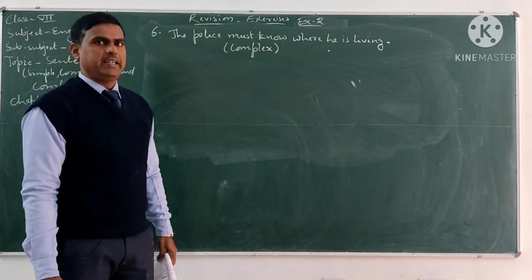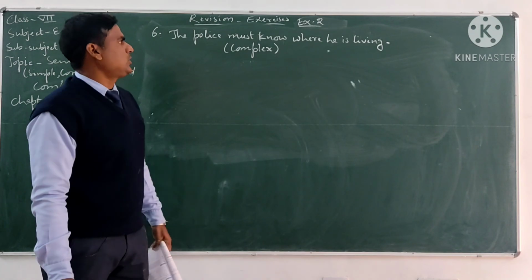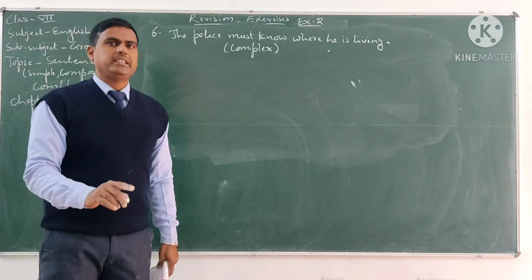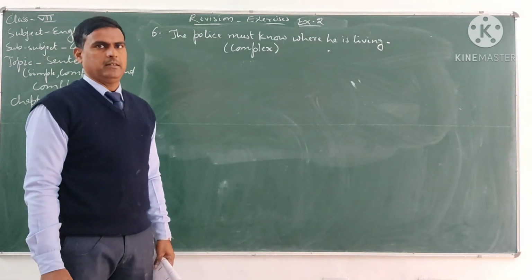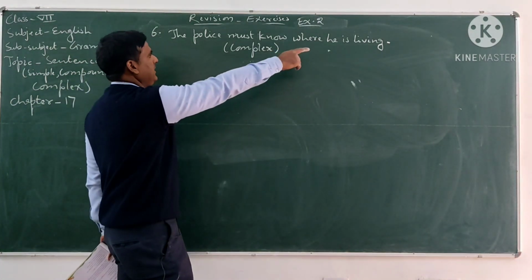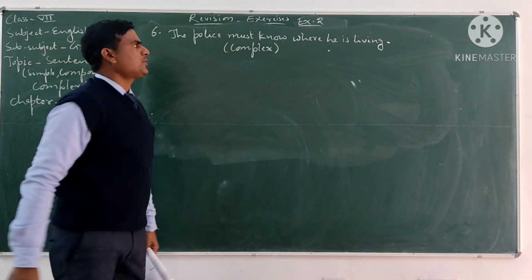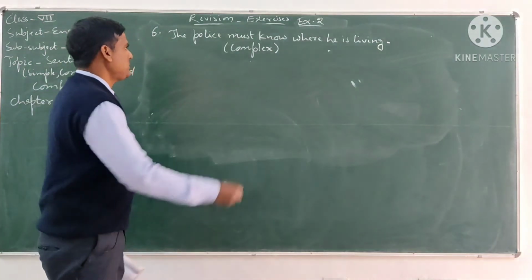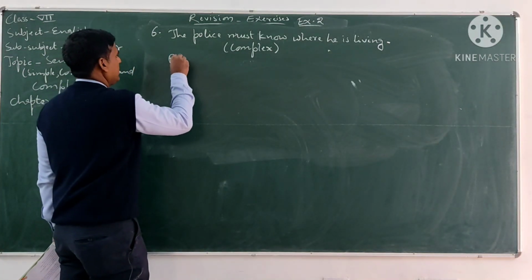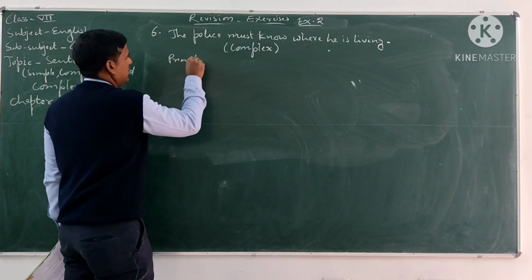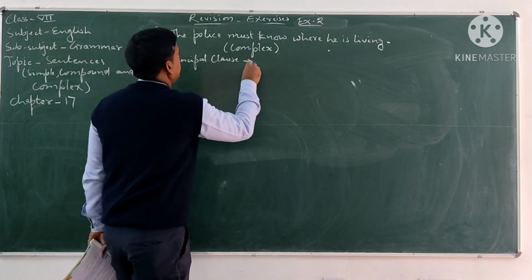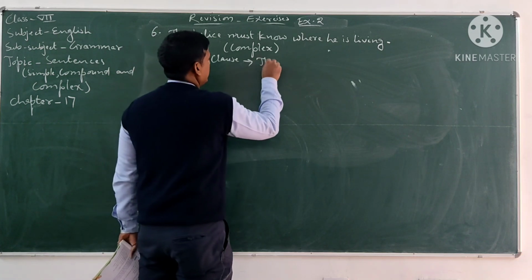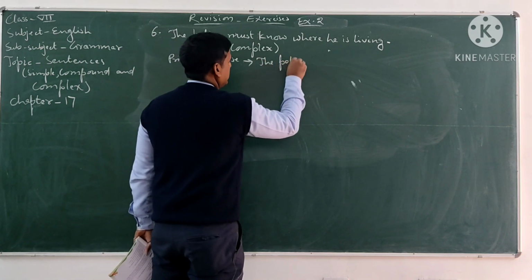The principal clause is the police must know, and the subordinate or dependent clause is where he is living. Where he is living is dependent on the police must know. So the principal clause is the police must know.